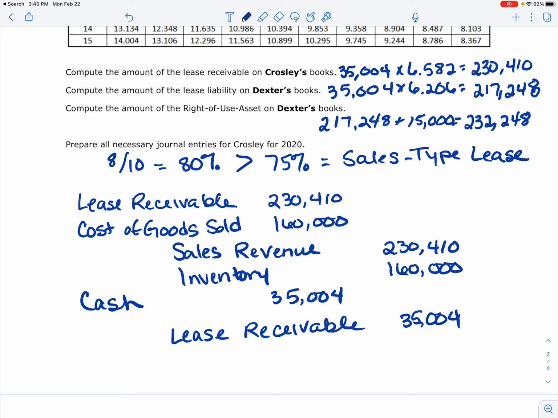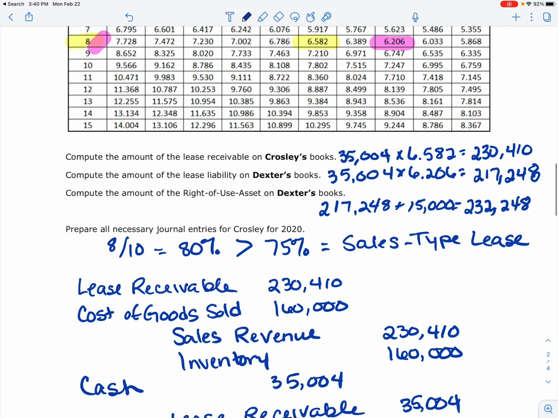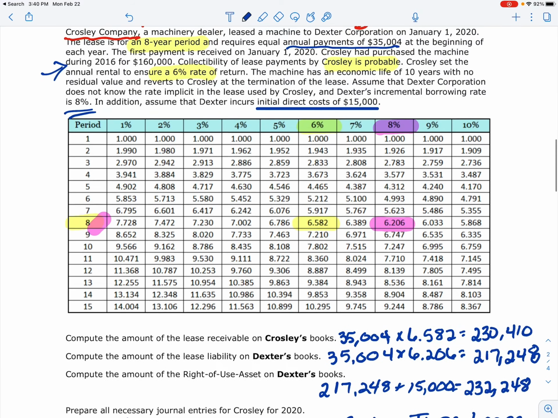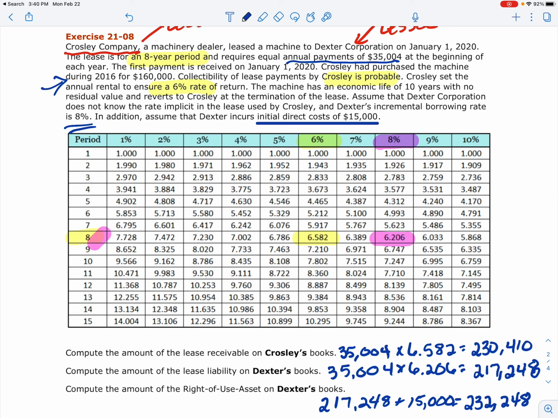So at the end of the year, we also get interest on this. We're going to need to record that interest. So if we look up at how much interest we had to pay, I'm trying to get, there we go. They're going to get a 6% rate of return.